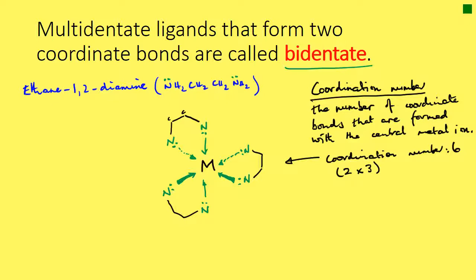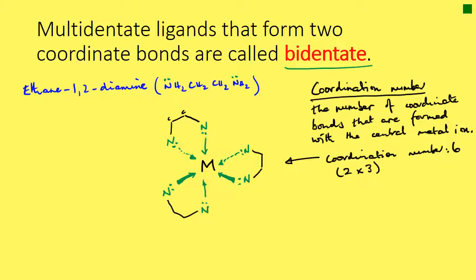So there we are. In this case, the coordination number was 6. So I'll just draw a little arrow here, coordination number 6. And that was 2 per molecule and 3 molecules.